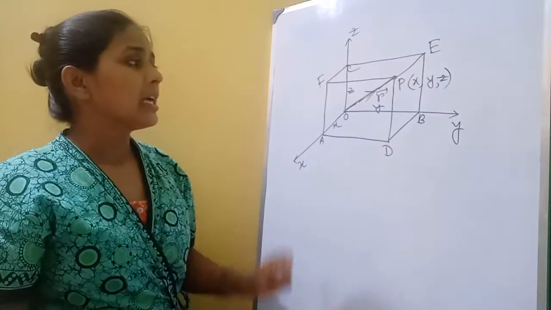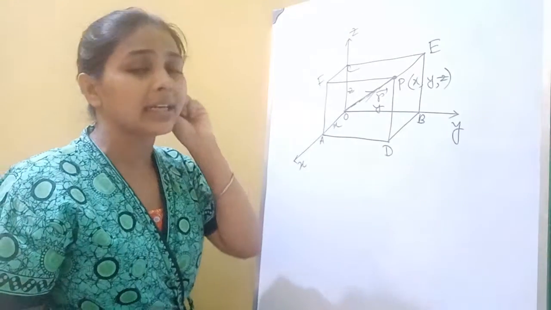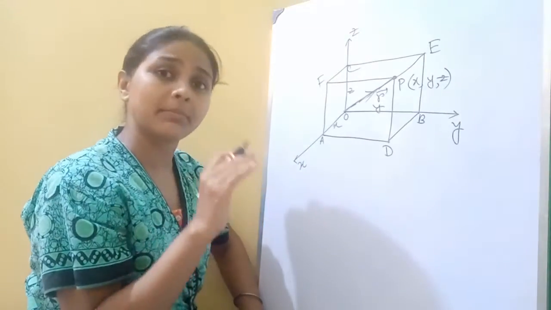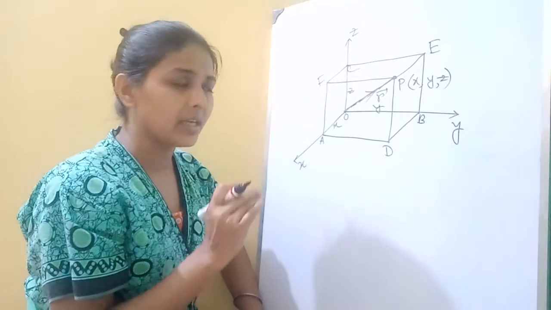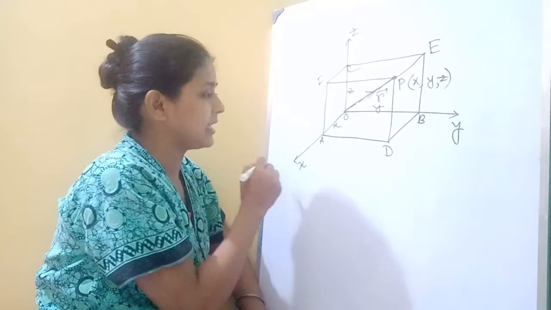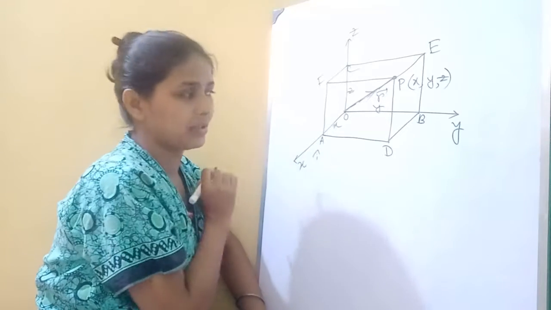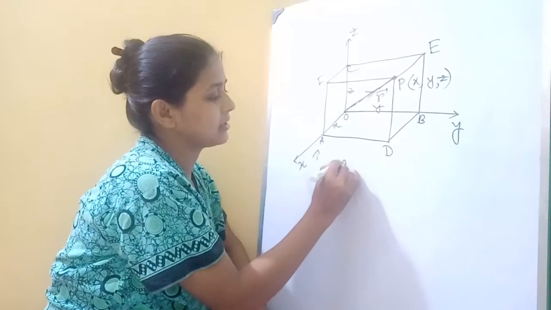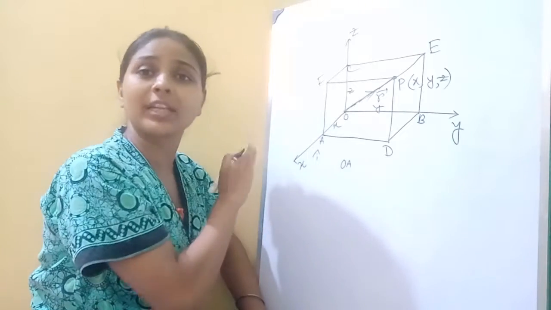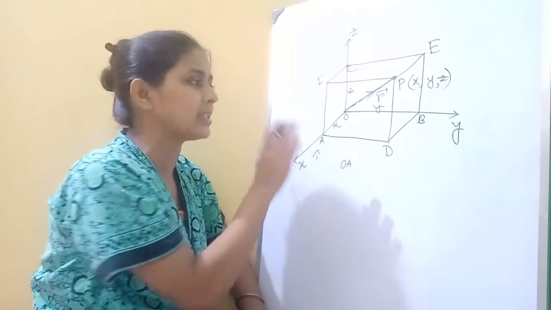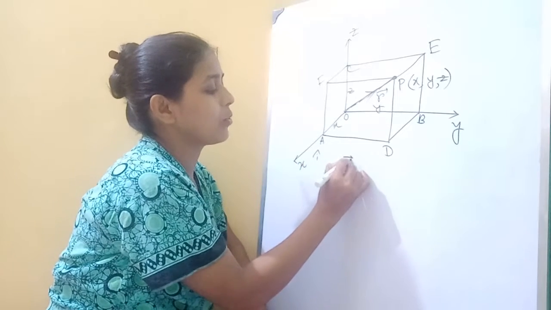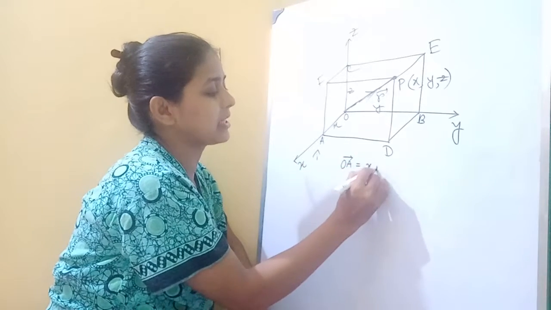Now it can be easily written that x is the magnitude, that means the scalar, and this side's unit vector is i cap. So for this figure, we can write OA vector is equal to x i cap.